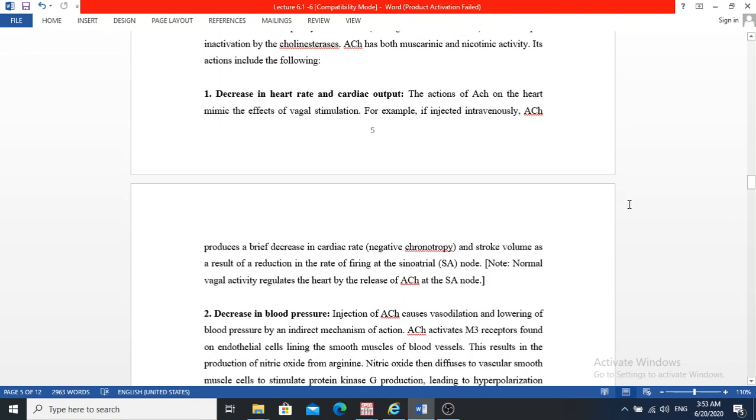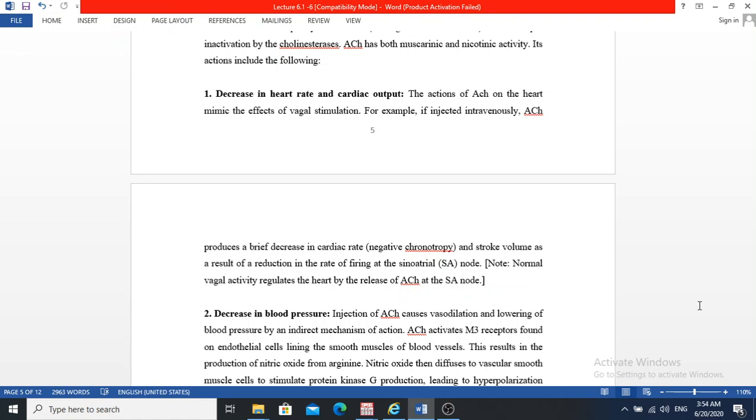For example, intravenous injection of acetylcholine produces a brief decrease in cardiac rate, negative chronotropy, and stroke volume as a result of a reduction in the rate of firing at the sinoatrial node.